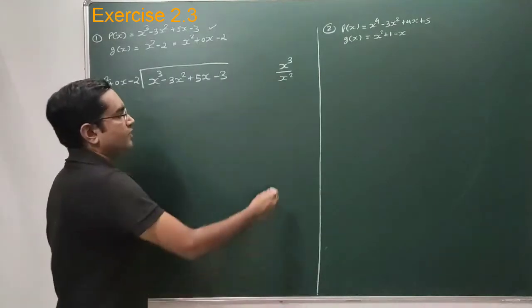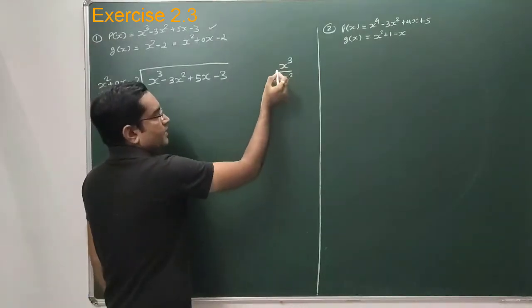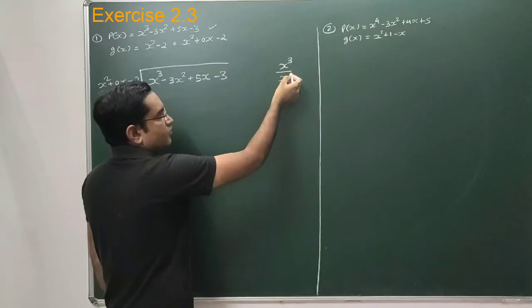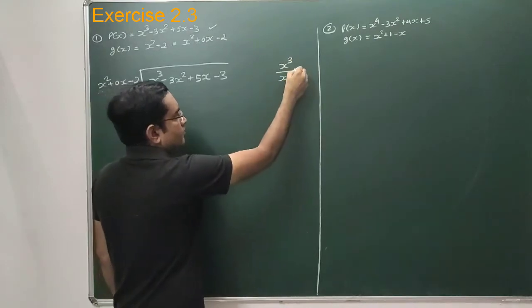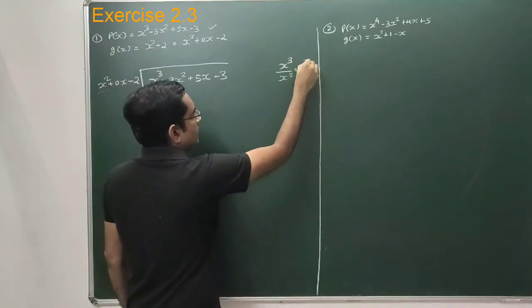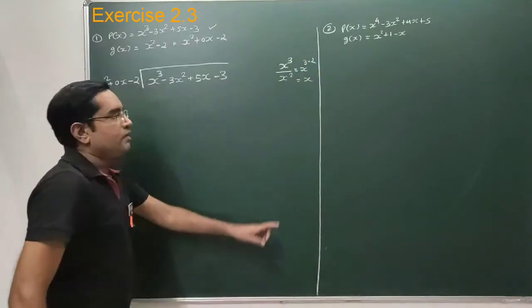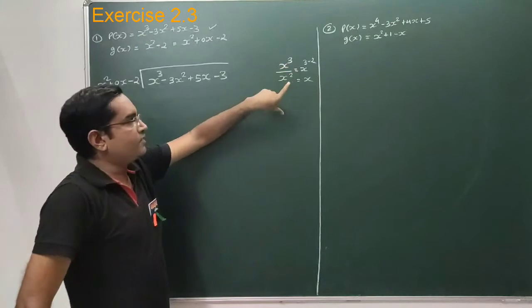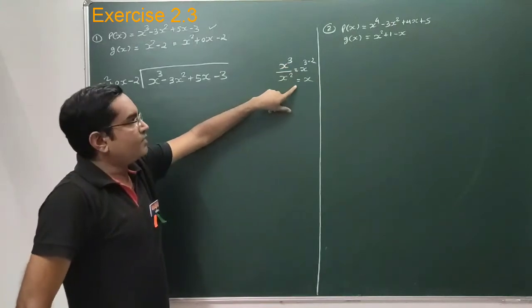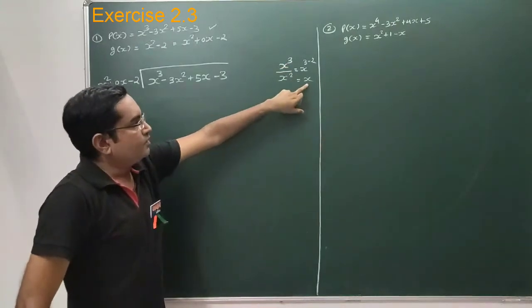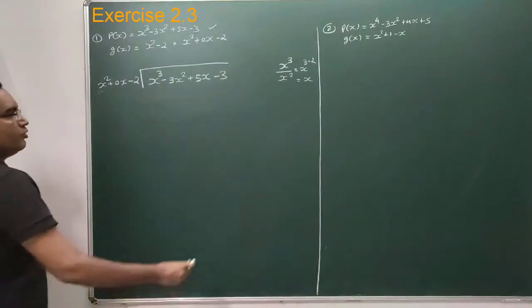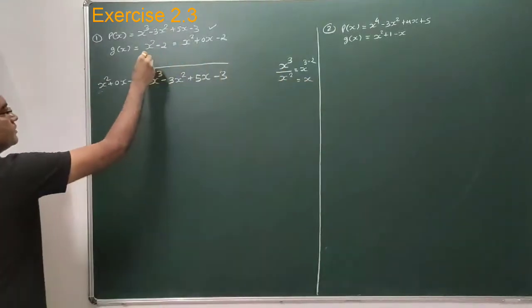Clear, students? Here the bases are equal and they are in division, so you have to perform subtraction of the powers. So it will be x raised to 3 minus 2, and that is equal to x. Here x cube is x into x into x, and x square is x into x, so 1x will be there. So the division is x. So you have to put this x in the quotient part.